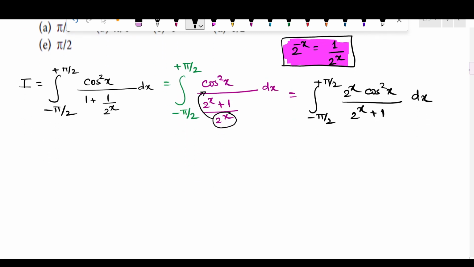So we have rewritten the question and we have formed this. Now check this. This 2 to the power x, we can add and subtract 1 from it, and cos square x remains the same.